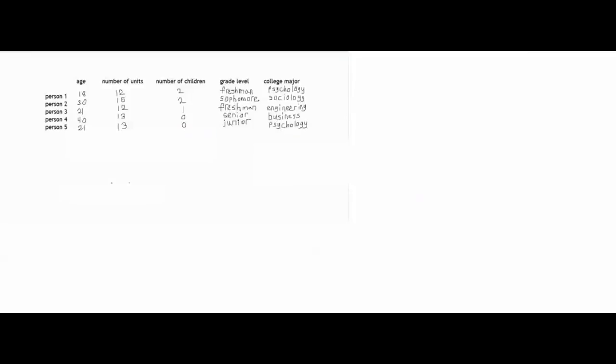Let's go back to this spreadsheet for a second. I want to talk about how we can use the descriptive statistics that we've been talking about to summarize this set of data. Each column of data is going to have its own descriptive statistics. I'll show you what I mean. The age column will have its mean, its median, its mode, its range, mean absolute deviation, variance, and standard deviation.